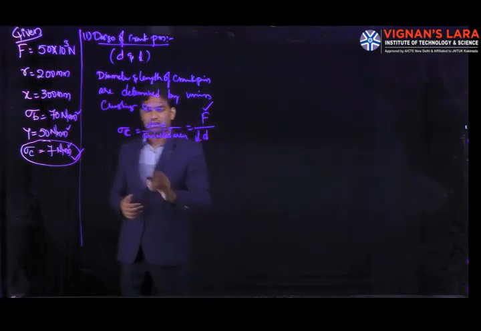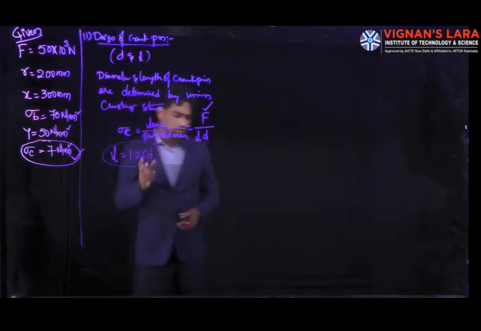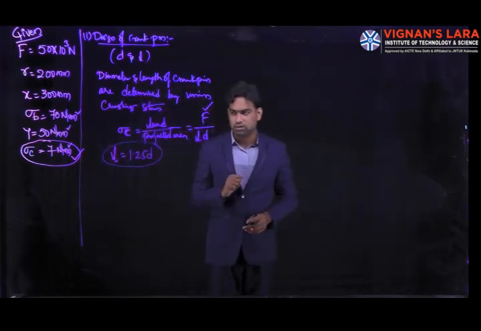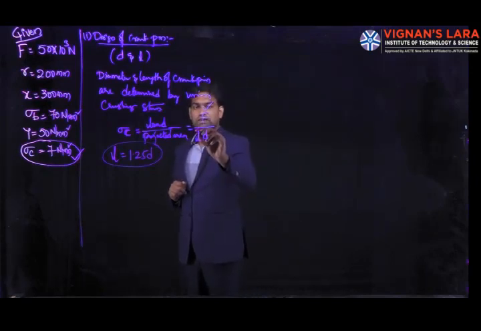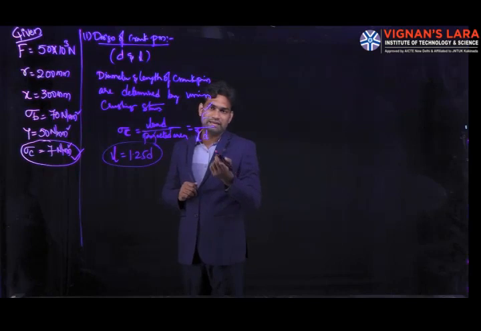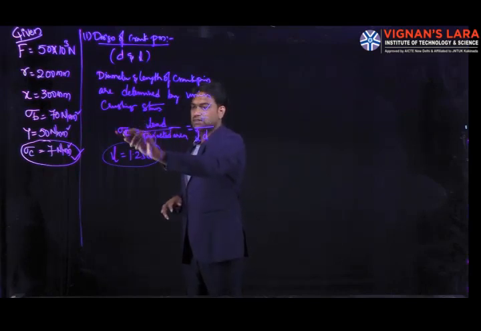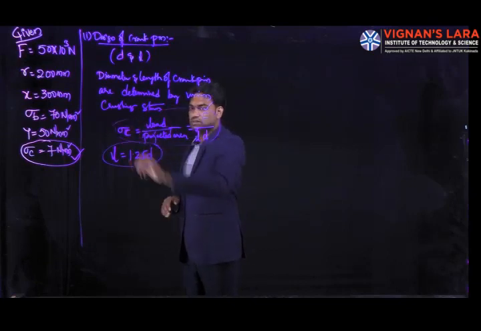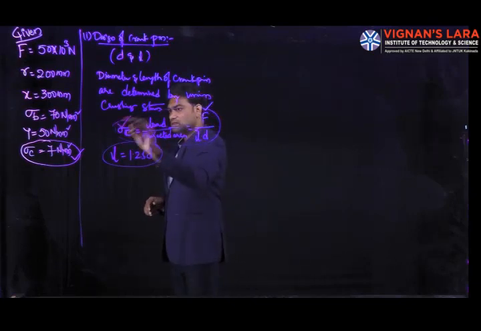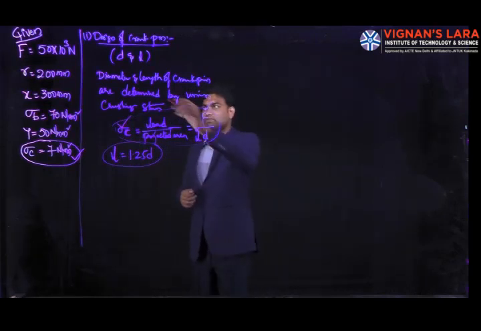I can take the length of the crank pin as 1.25 times the diameter. This is the proportionate value already written in the design procedure. So in place of L, you can substitute 1.25 times D, and get the value of D from the crushing stress equation. Here sigma c is taken as the allowable crushing stress, 7 Newton per mm square, and F is 50 into 10 cube newtons.